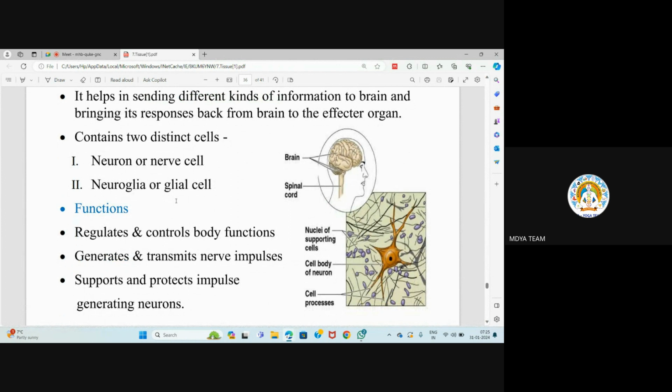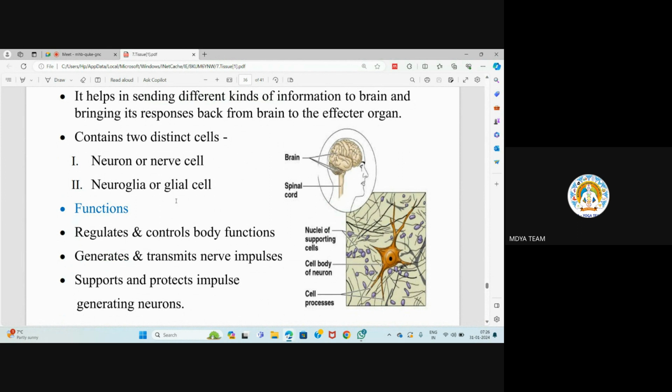So what are the functions of nerve tissue? It regulates and controls body functions, and generates and transmits nerve impulses. Obviously, the neurons will regulate and control body functions because they take sensory information and send motor information.